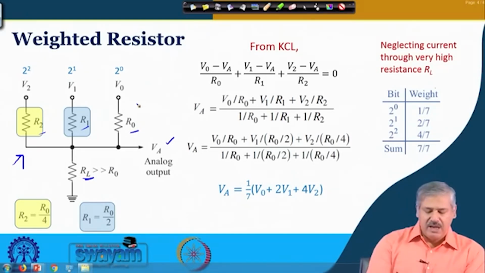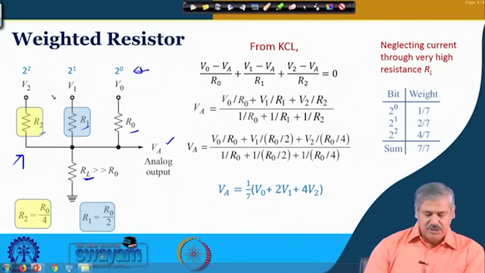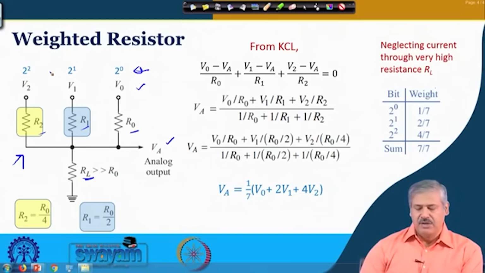Okay. And to begin with, let us not bother about this part, 2 to the power 0, etc. Let us just consider these are three voltages V0, V1 and V2. Okay. So, how will this particular circuit operate?